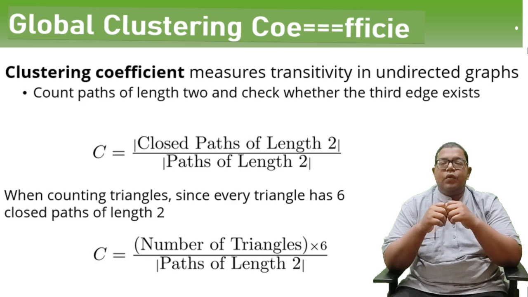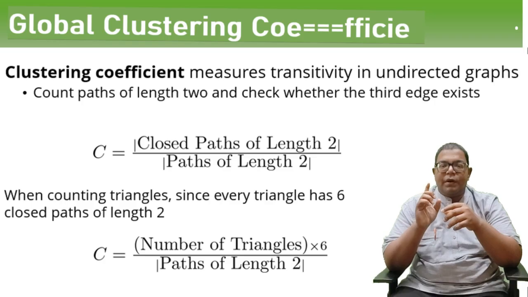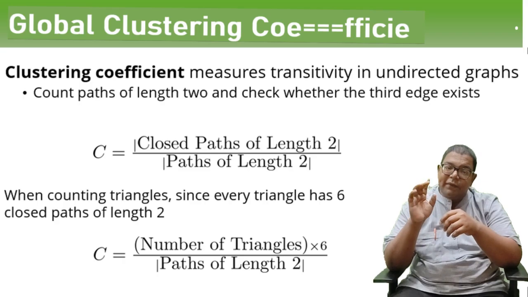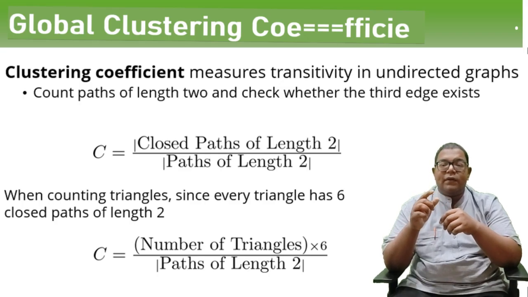Between every node is a triangle. There are two closed paths. So we will multiply the number of triangles by 6, because there is transitivity in a triangle, and if there are 3 nodes in the triangle, then the number of edges should be 6. Divided by paths of length 2, this will give us the global clustering coefficient.